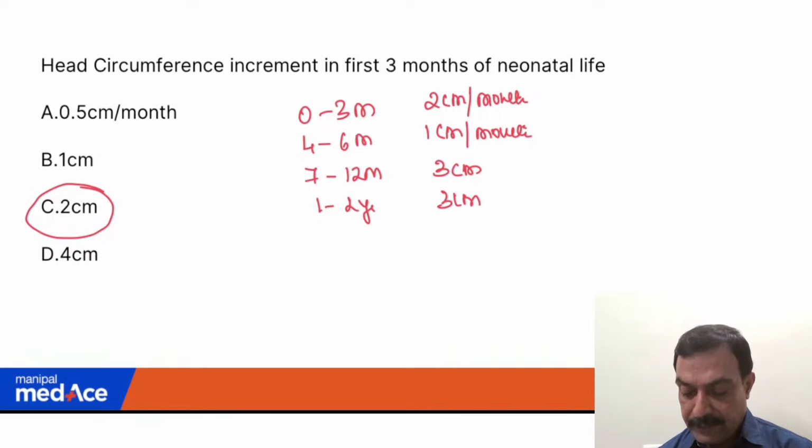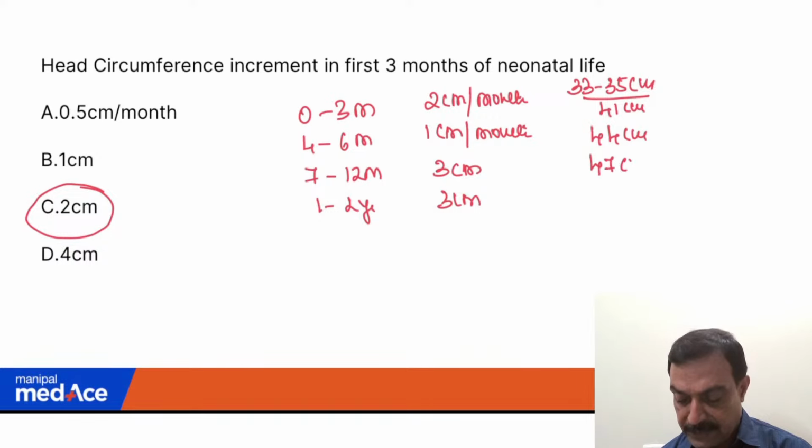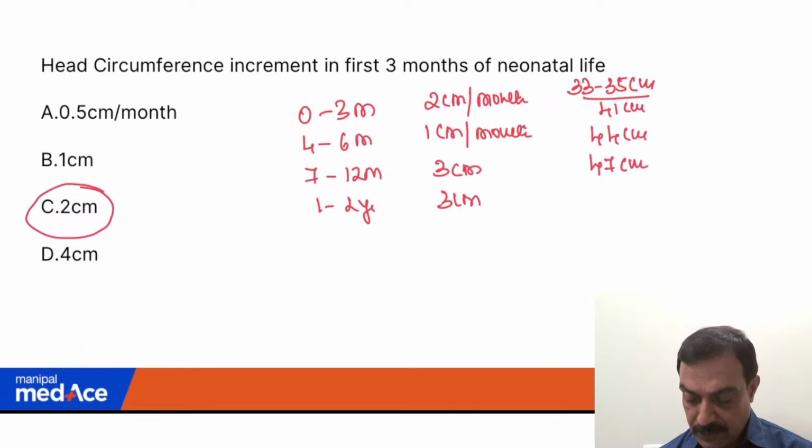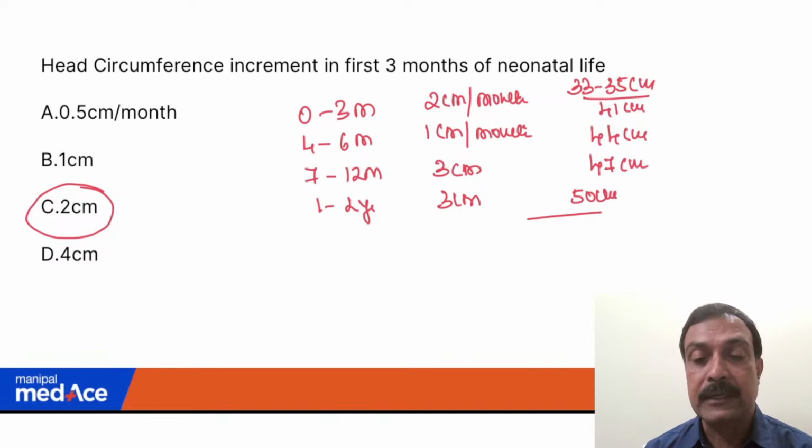So we expect a baby's head circumference to be around 33 to 35 centimeter at birth, around 41 centimeter at 3 months of age, roughly 44 at 6 months, 47 centimeter at 12 months, and around 50 centimeter at 2 years of age. So the correct answer is 2 centimeter per month in the first 3 months.